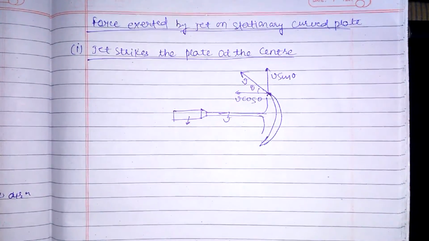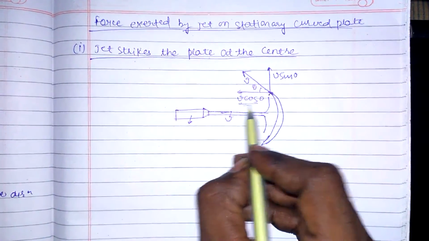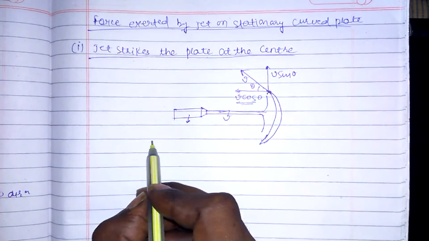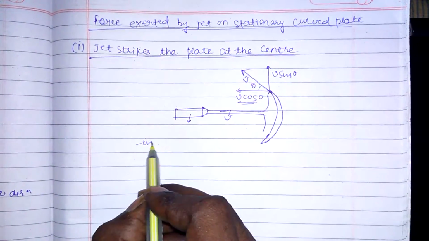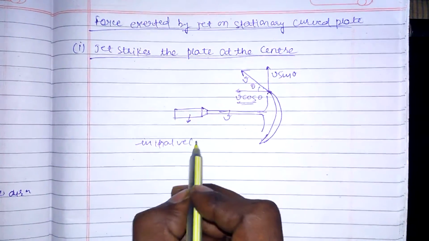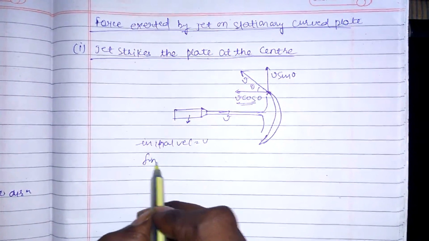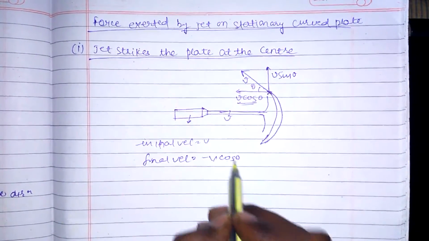Here we can see that the direction of this velocity is in the negative direction. Initial velocity is equal to v, and final velocity is equal to minus v cos theta.